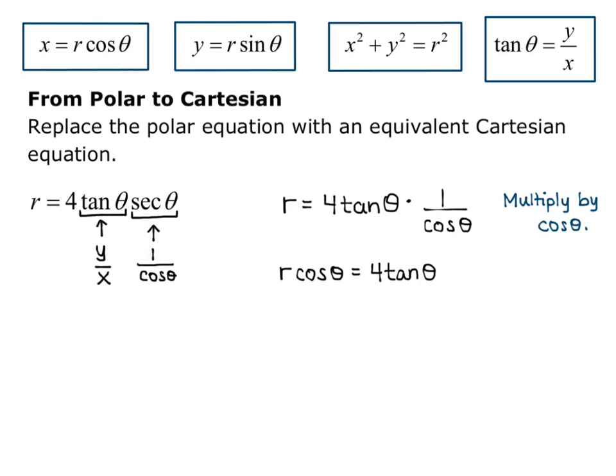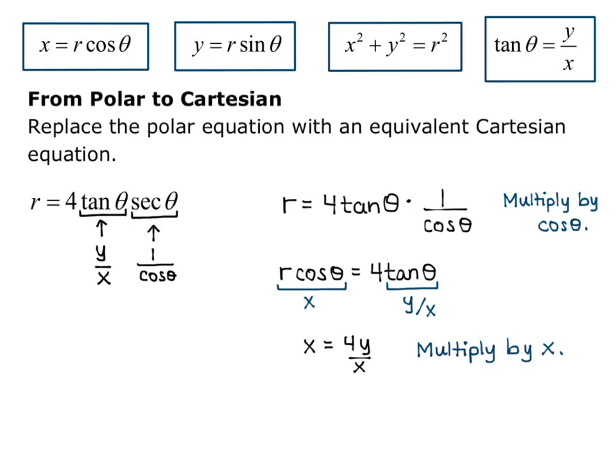And I have neat replacements for both of those. r cosine of theta is x and tangent of theta is y over x. So I replace those and get the equation x equals 4y over x. Now, what I'd prefer to do is get an equation in the form y equals a function of x.